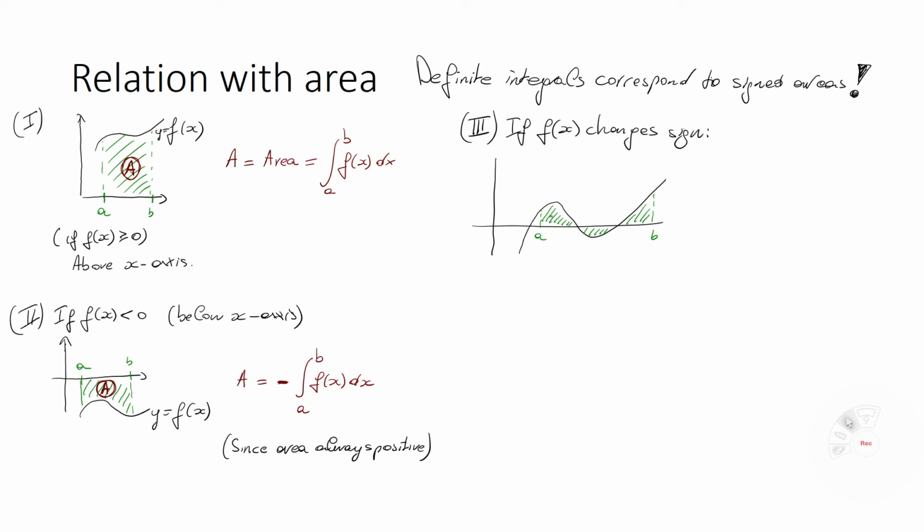Then what we have to do is calculate in multiple steps. So this area here, A1, is equal to the integral from a to where the function crosses the x-axis, so let's call that c.